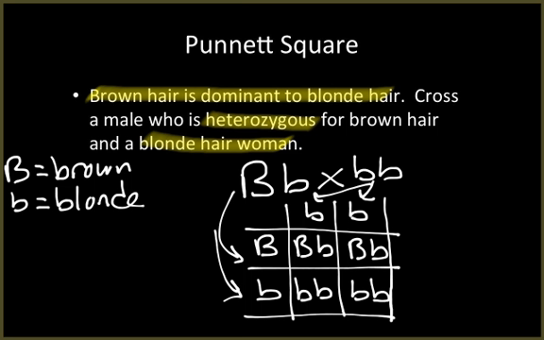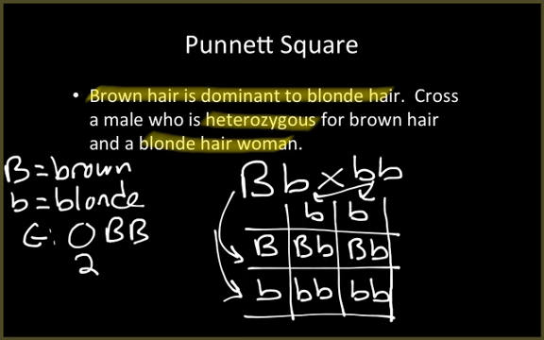Now, let's take a look and analyze our data. Let's do genotype. How many of the individuals are homozygous dominant? None, right? We have 0 individuals that are big B, big B. How many are heterozygous?